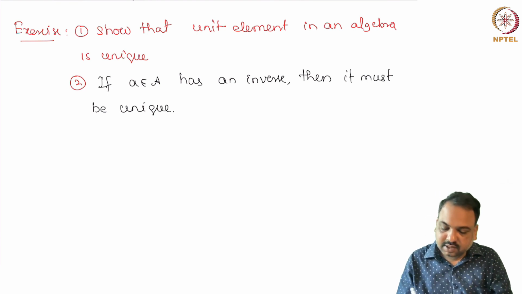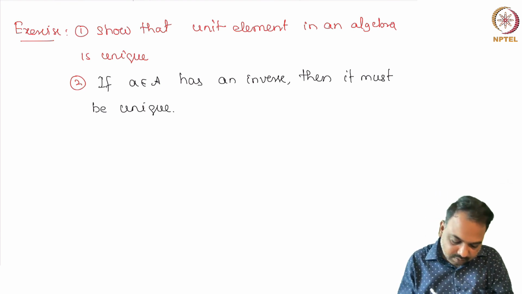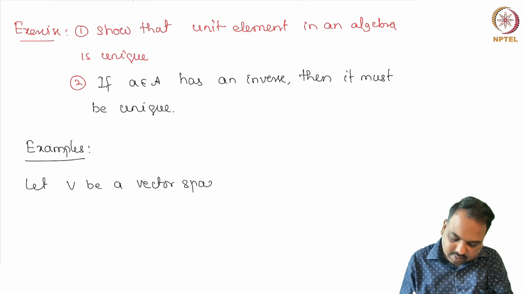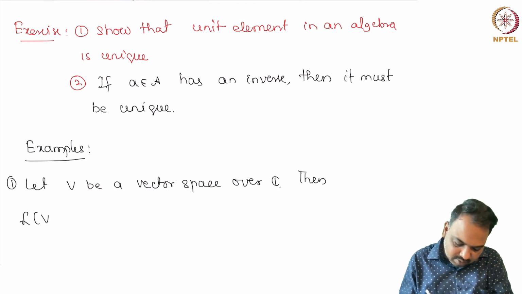So one simple example of an algebra, as we have already pointed out: let V be a vector space over C. Then we can say that L(V) is an algebra.